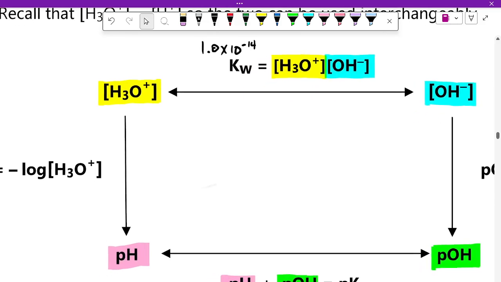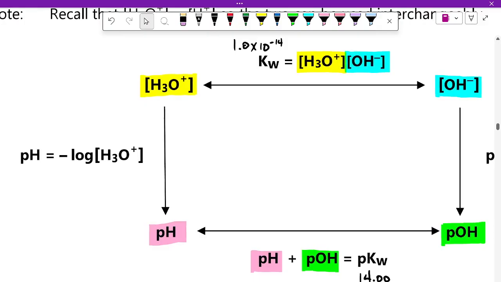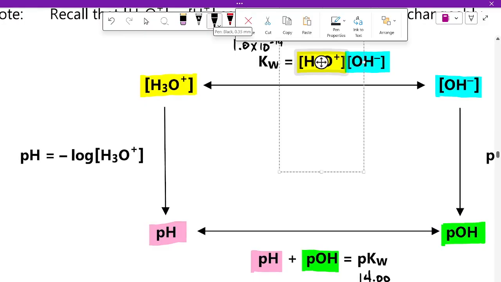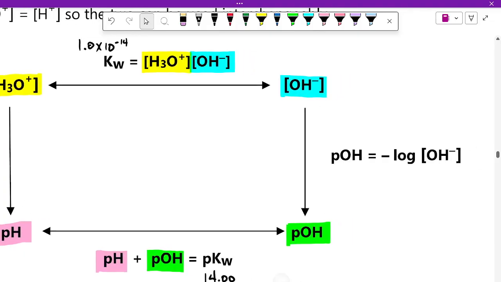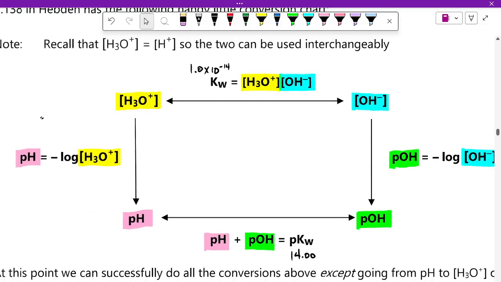Now, we know for sure that, going from top to bottom, pH is the negative log of hydrogen, and we know that pOH is the negative log of hydroxide. And the only thing that we are not able to do with this chart as it is, is to go up.